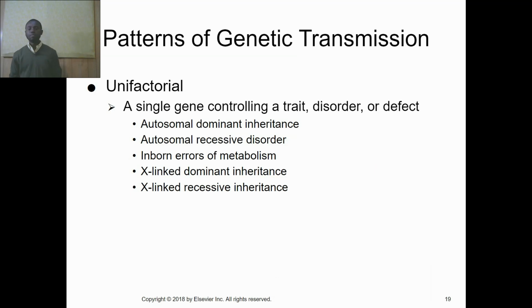Okay. Then we have the sex-linked recessive inheritance, and the X-linked recessive genes have dominant expression in males and recessive expression in females. This is because when you have a baby boy or a fetus that is a male, they inherit an X chromosome from the mother and a Y chromosome from the father.